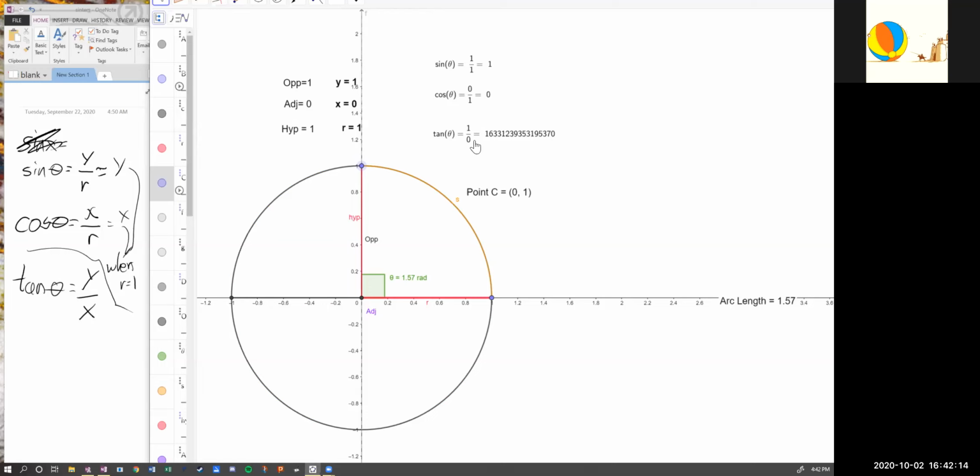But where this x value is equal to 0, that can't actually exist. So we're going to get an undefined point here for tangent, and we'll talk about that. That'll be fun. This is going to become undefined when it divides by 0 there. So we have to be careful about that.